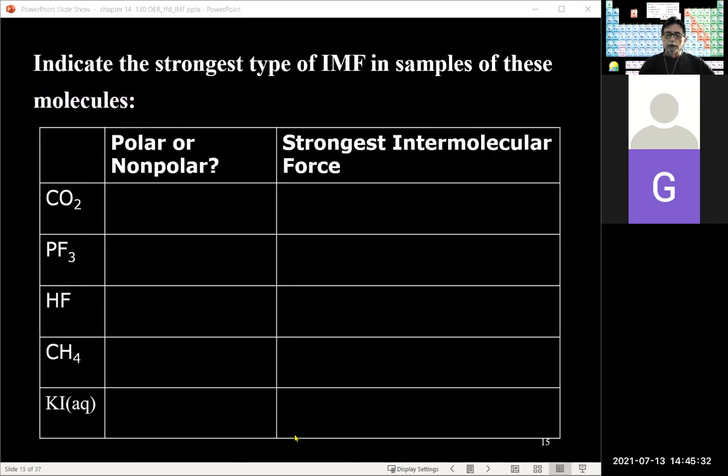So we've got a table here where we have the molecule, and they're asking you whether it is polar or non-polar. And then from that information, determine its strongest intermolecular force. Well, this is where the Lewis dot structures come into play. If you want to know whether a molecule is polar, go back and refresh your memory on Lewis dot structures.